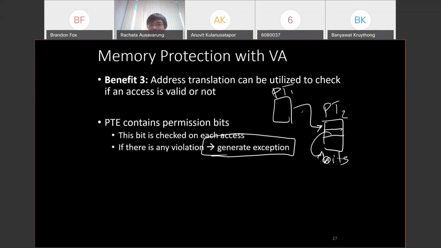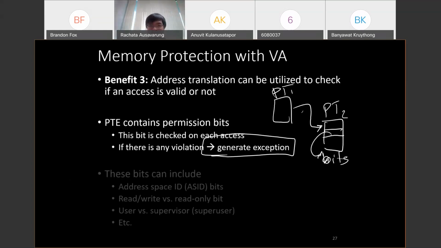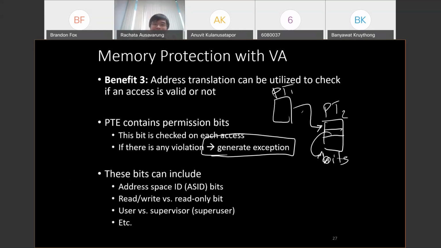If somehow your virtual address is mapped to some random location, you will get an exception. These bits can include things like address space ID. This is unique to the process. You can have read-write, read-only bits, user versus supervisor bits.